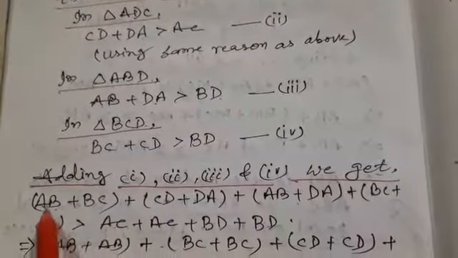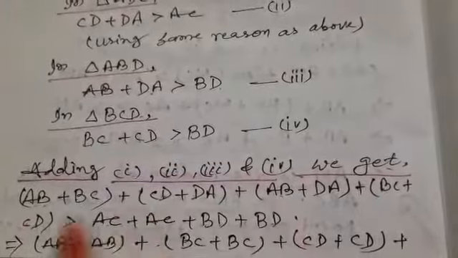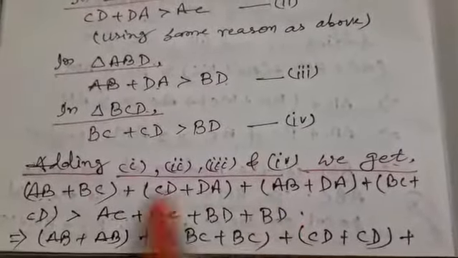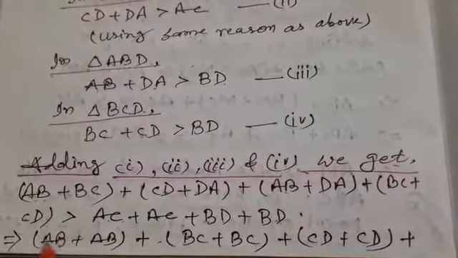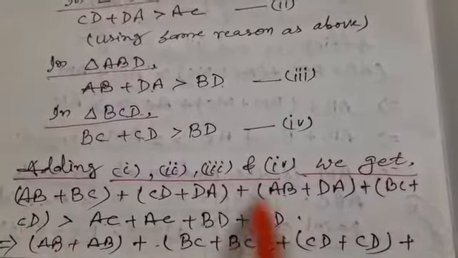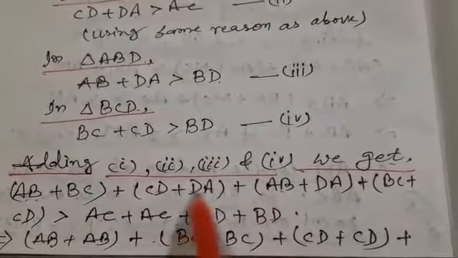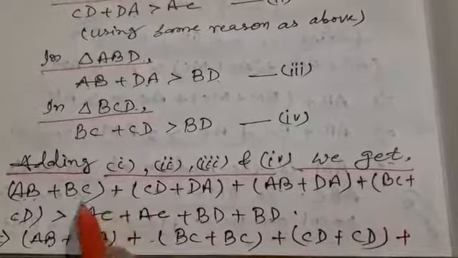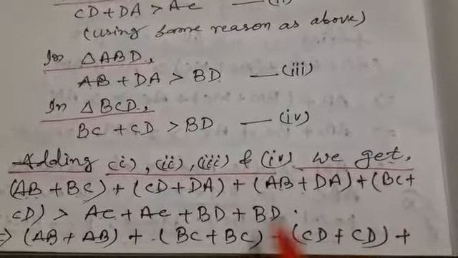So we arrange these four equations in addition form. Now we see that AB comes two times, so we categorize same sides first. So we write AB plus AB. Again we see BC is also two times, so we write BC plus BC.